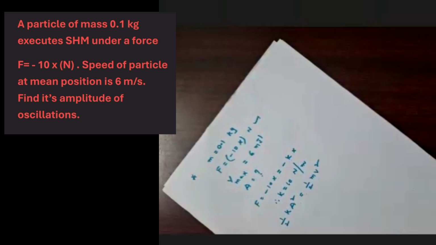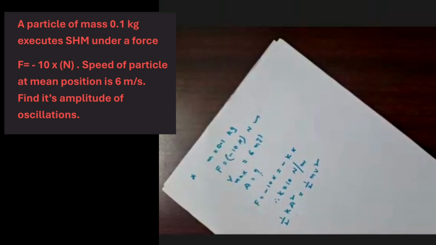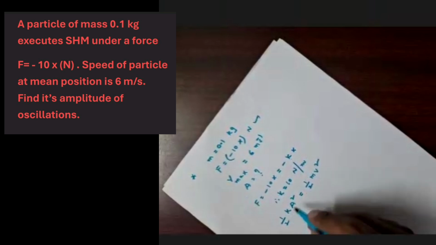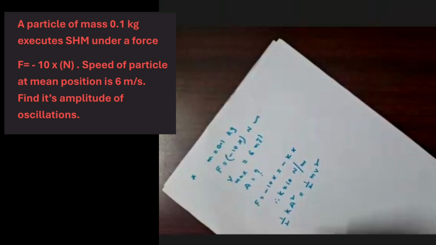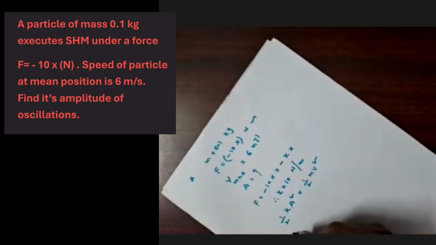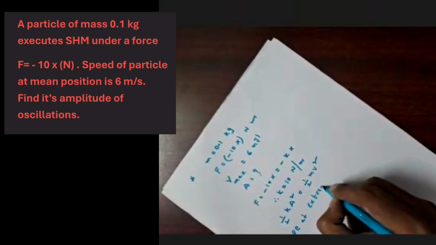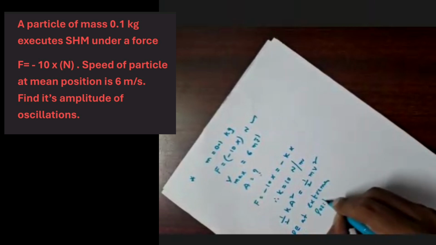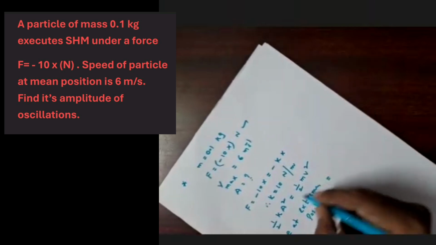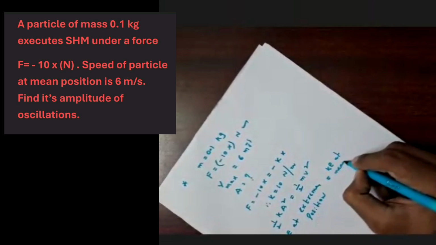If it goes from mean position to extreme position, that is x equal to a, the total kinetic energy is converted into potential energy. Remember this: half k a square is the potential energy at the extreme position, equal to half mv square, the kinetic energy at the mean position.